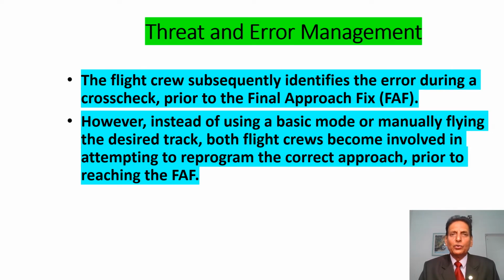The flight crew subsequently identifies the error during a cross check prior to the final approach fix. However, instead of using a basic mode or manually flying the desired track, both flight crew become involved in attempting to reprogram the correct approach prior to reaching the final approach fix.